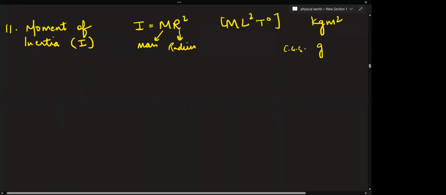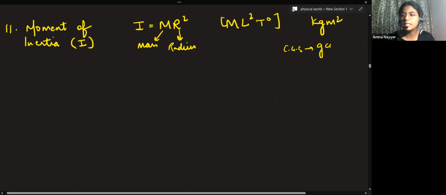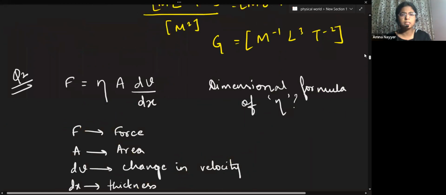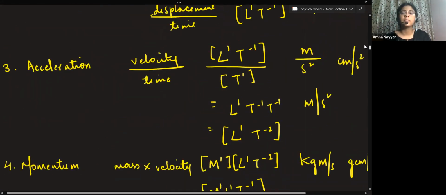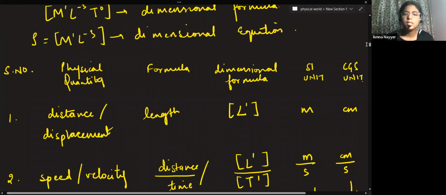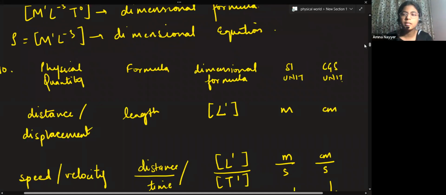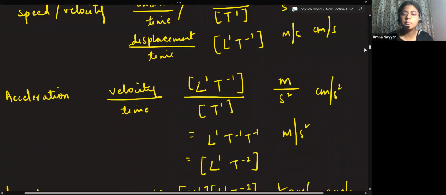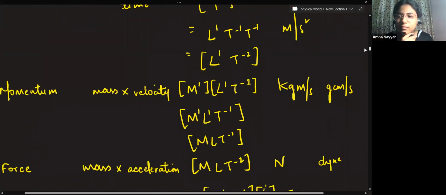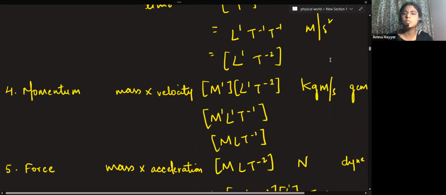And for meter, it is centimeter. For time, it will be the same, seconds. I think we had done SI unit and CGS unit. Yes, here we had done. So see, the CGS unit of distance is centimeter. For mass, you have gram. So whatever SI units or CGS units you have, you can relate it with this.